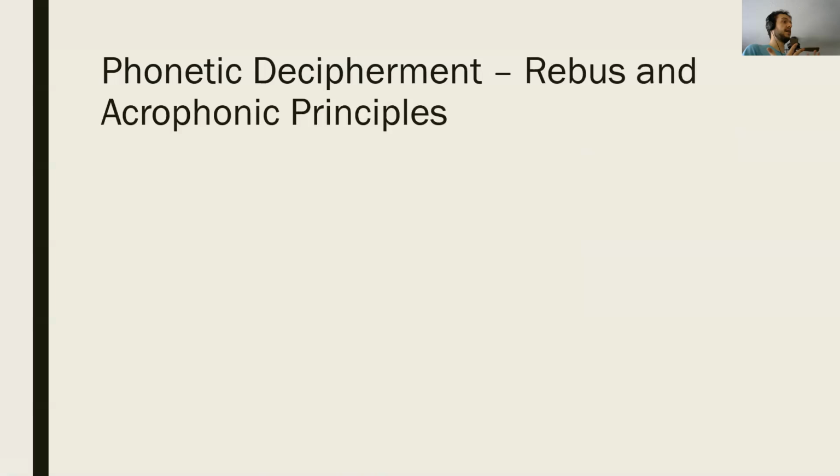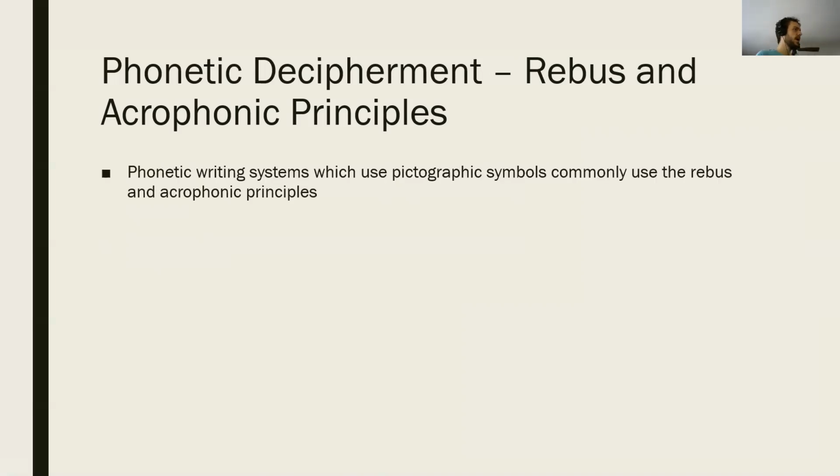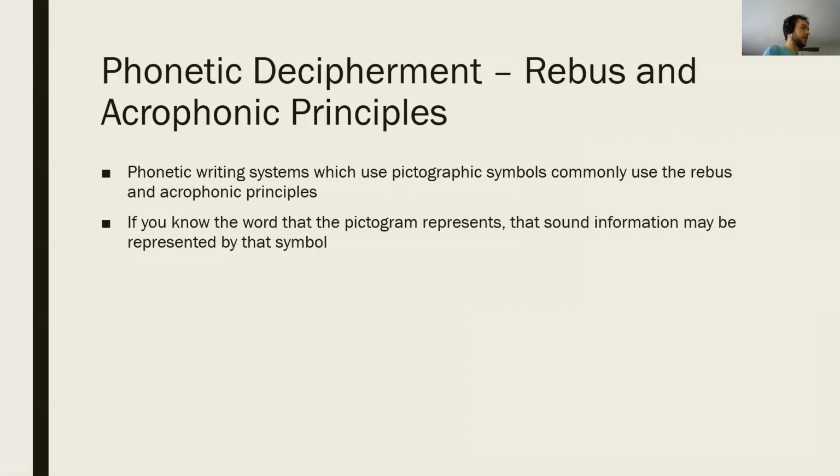Another way that we could do a decipherment is using the Rebus and Acrophonic principles. Think back to module 1 about that. So writing systems that we found, especially phonetic writing systems which use pictographic symbols, commonly use the Rebus and Acrophonic principles to represent kinds of language information.